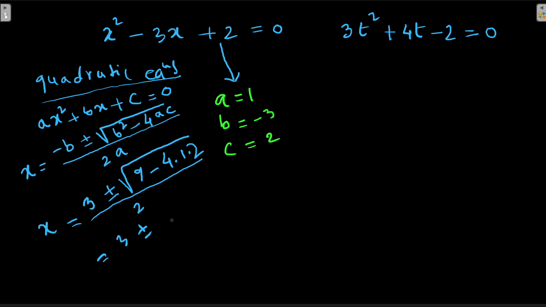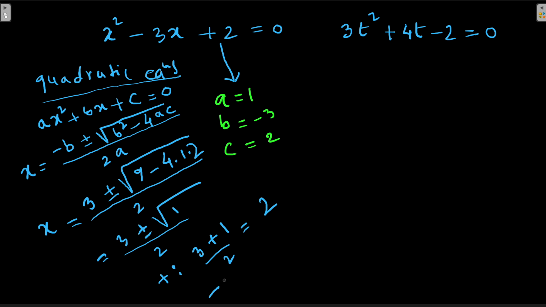3 plus minus the square root of 9 minus 4 into 1 into 2, so basically 9 minus 8, which is 1, divided by 2. If you consider plus, 3 plus the square root of 1, which is 1, so (3 + 1)/2 gives 2.